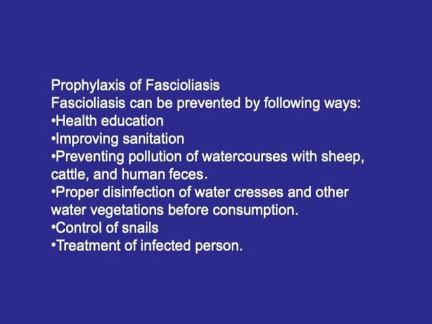These are the 3 tablets which we can use for treating this worm and this disease. And finally, prevention of this disease is through awareness and health education, improving sanitation, treatment of infected persons and controlling the snails.